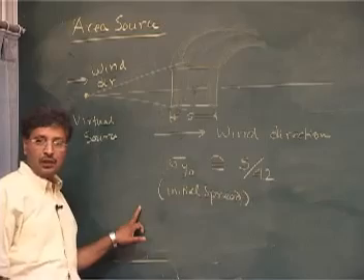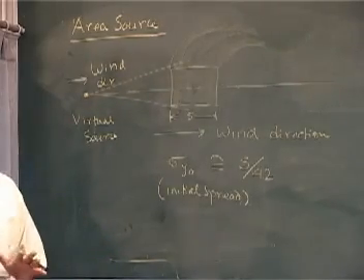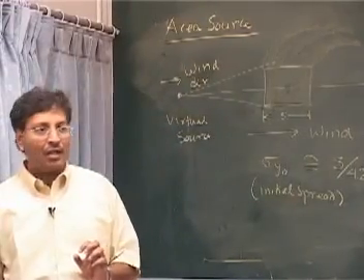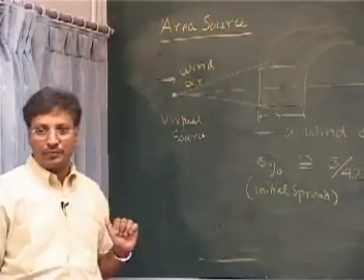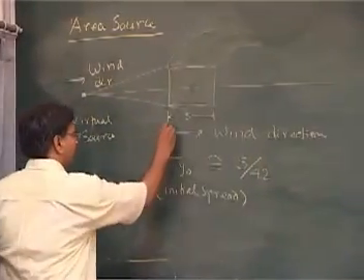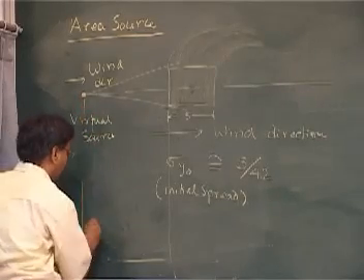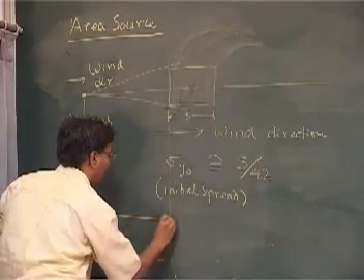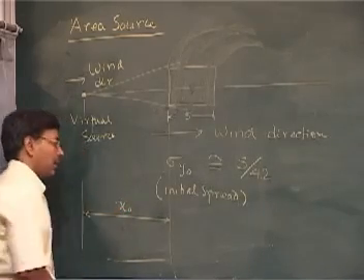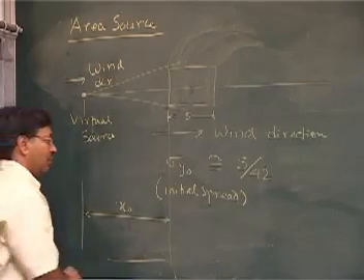All right. So, whatever the area of your source, and one of the sides of it is S, you get this sigma y0. For this corresponding sigma y0, this distance I can call x0, the virtual distance.